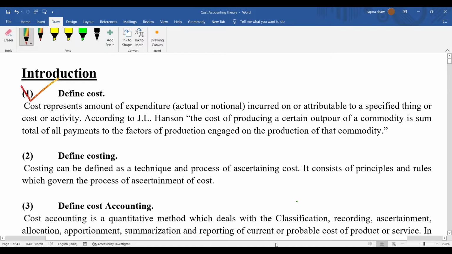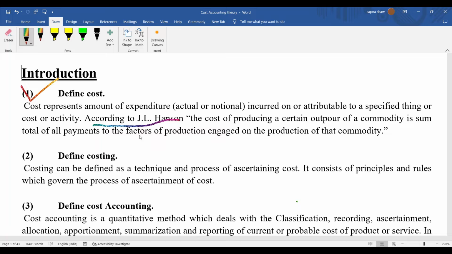Understood? Here is a definition according to J.L. Hansen: the cost of producing a certain output of a commodity is the sum total of all the payments to the factors of production engaged in the production of that commodity. So what are the factors of production?